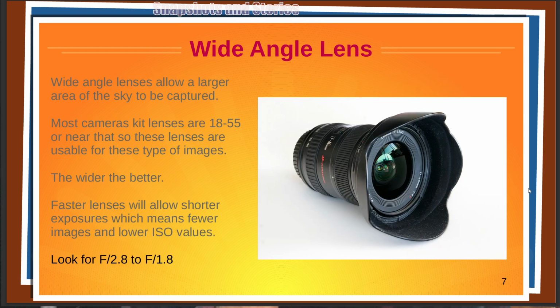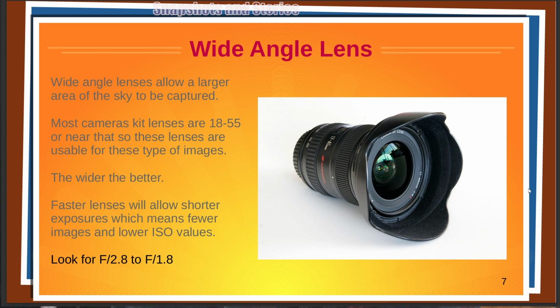Also, a wide-angle lens will be needed. A wide-angle lens allows for a much larger part of the sky to be captured. Now, if you've got a kit camera and it came with a kit lens, most kit lenses are the 18 to 55 focal length or somewhere around there, and they're absolutely fine. Just open it up to the 18 and get it open as wide as you possibly can. The wider, the better.